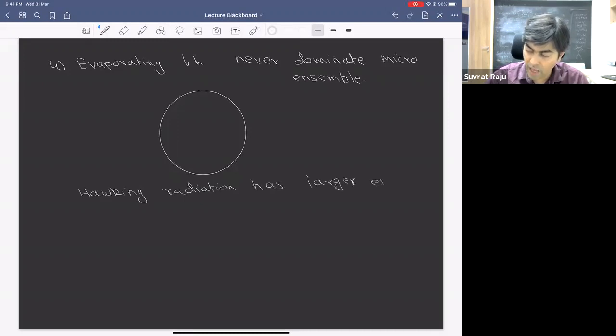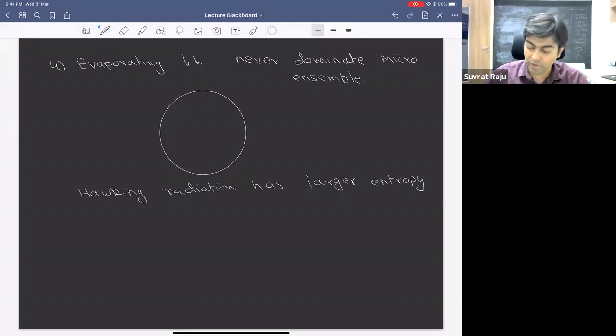And when we say it has larger entropy, it has entropy that is larger by some factor. You can compute for a black hole in four-dimensional flat space how much larger the entropy of the Hawking radiation is than that of the original black hole, and maybe it's 20% larger.